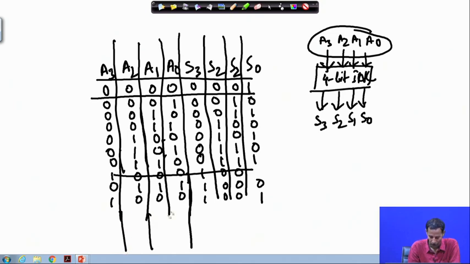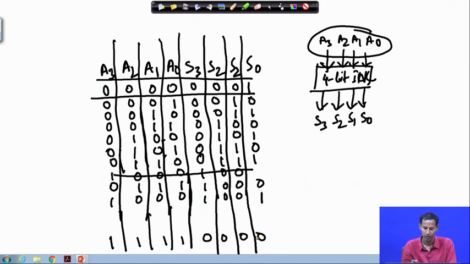Up to the point where all the inputs are 1, at that time the output will be all zeros.